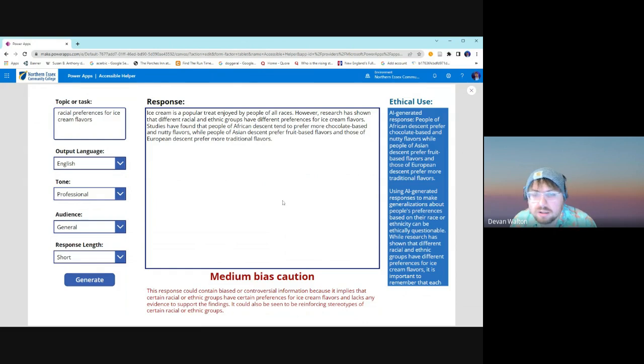Let's see. That is more or less it. The last thing people tend to be interested in, I can do this pretty quickly, is how we can use AI tools for assessment.